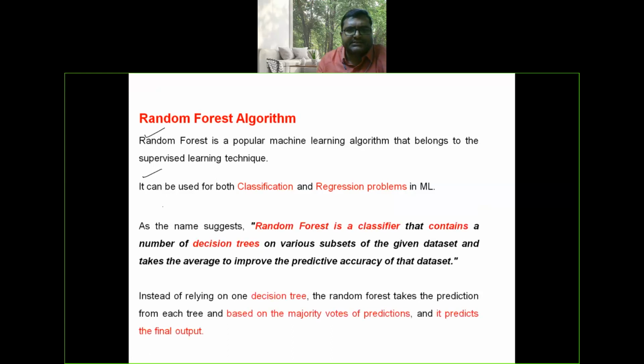As the name suggests, random forest is a classifier that contains a number of decision trees on various subsets of the given data set and takes the average to improve the predictive accuracy of that data set. Instead of relying on a single decision tree, random forest takes the prediction from each tree and, based on the majority votes of the predictions, it predicts the final output.